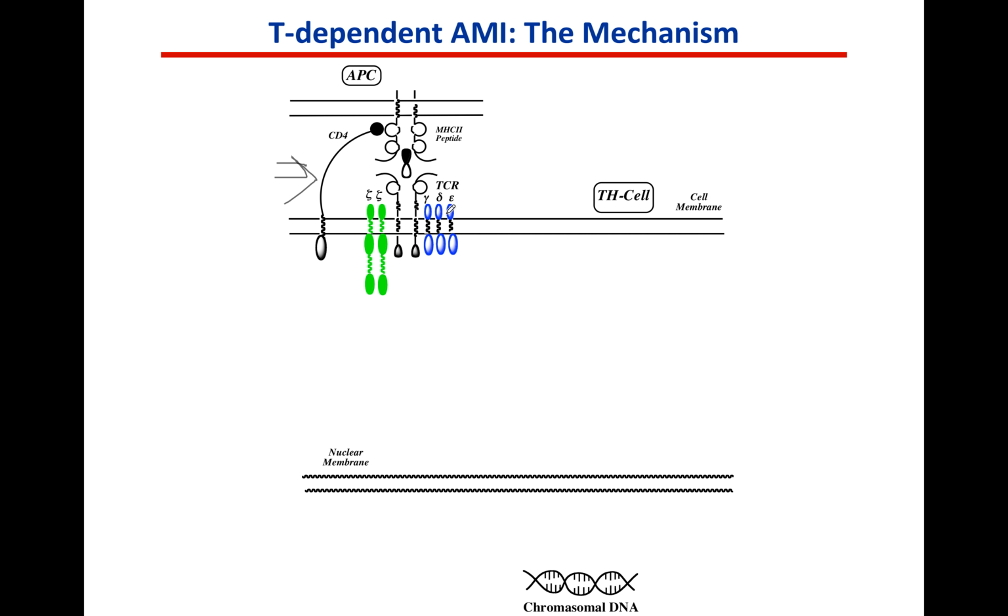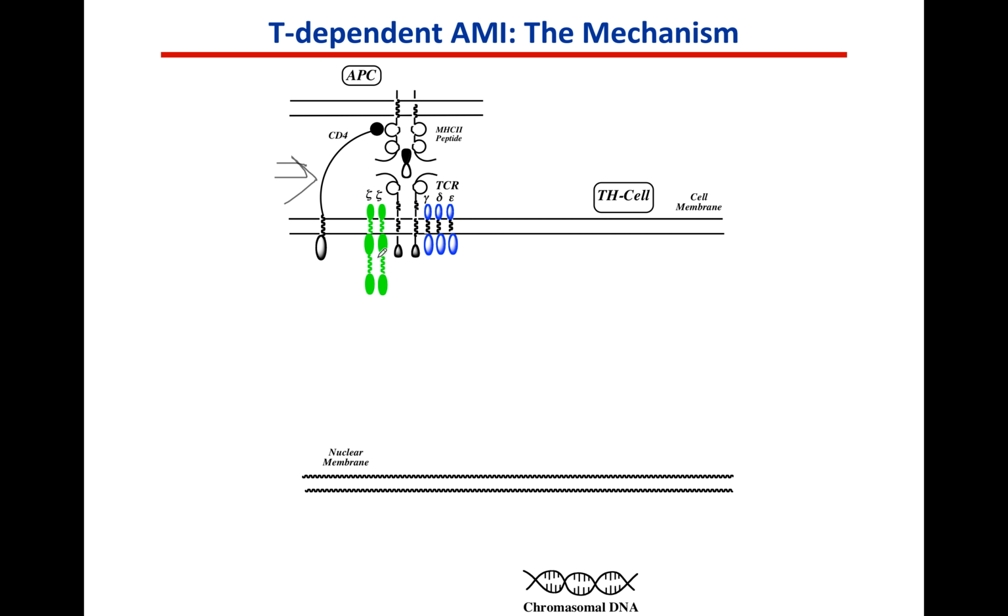CD3 turns out to be made up of several subunits: the epsilon, delta, gamma, and zeta, and those really form this T cell receptor complex. This is one of the largest receptor complexes that we know of, and there's a lot of functionality here.